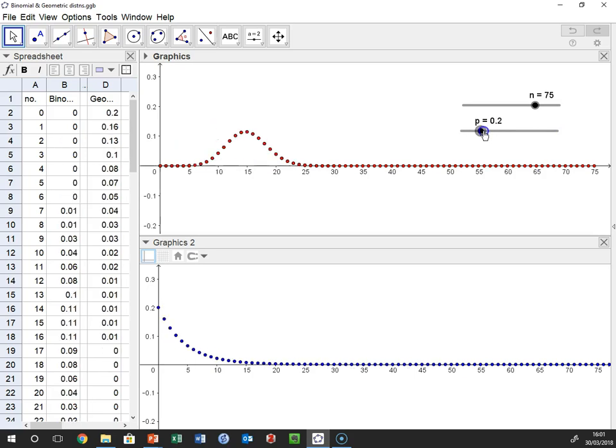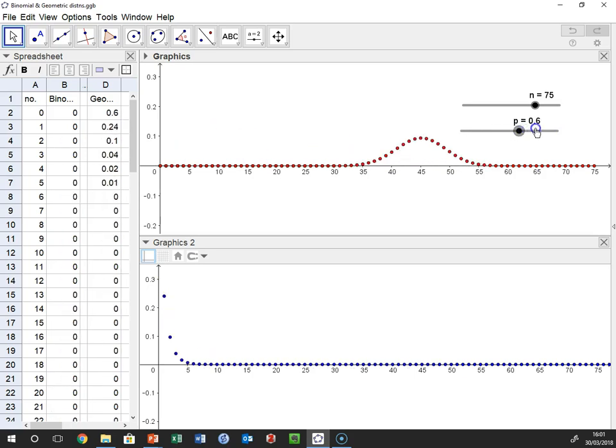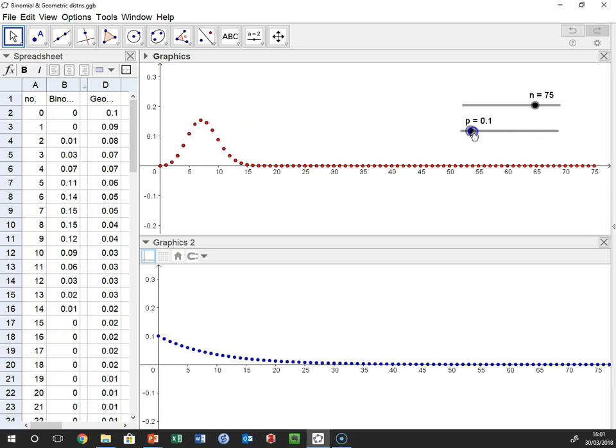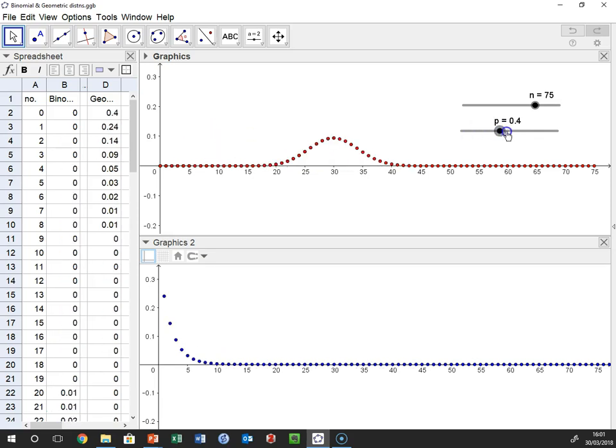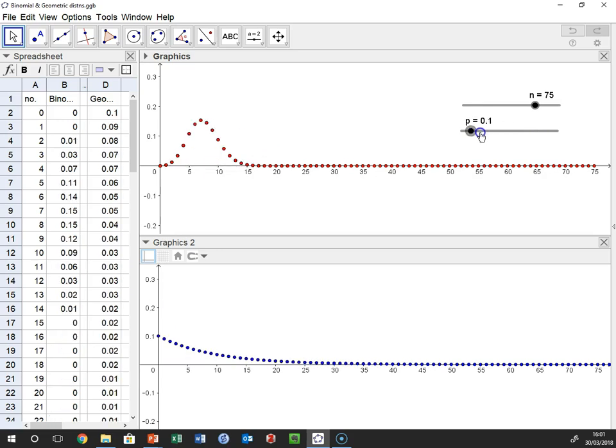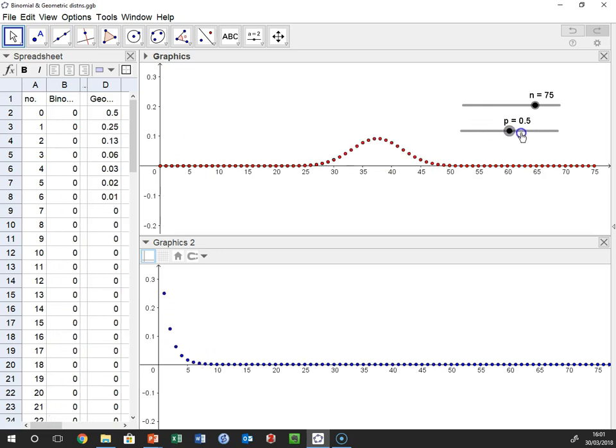Its mean and mode and everything else with it shifts along, whereas the geometric stays quite near the origin. In fact, it's ever more skewed the higher my value of p. Here it's extremely skewed, whereas the binomial with this high value of n is almost symmetrical all the way through.